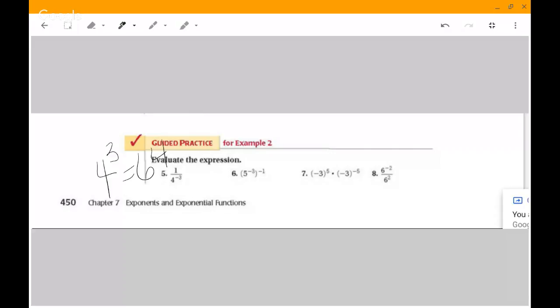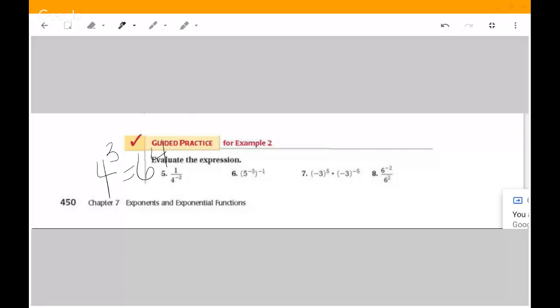Okay, now on number 6, we're going back to some of our rules that applied from 7.1. Or maybe was it 7.2? I can't remember. Oh, it was 7.1. Power raised to the power. So what do we do when it's a power raised to a power? Anybody remember? You add, subtract, multiply.